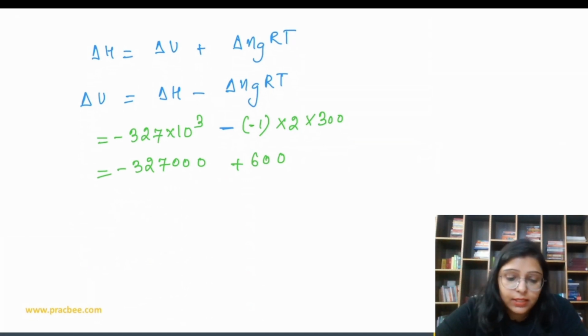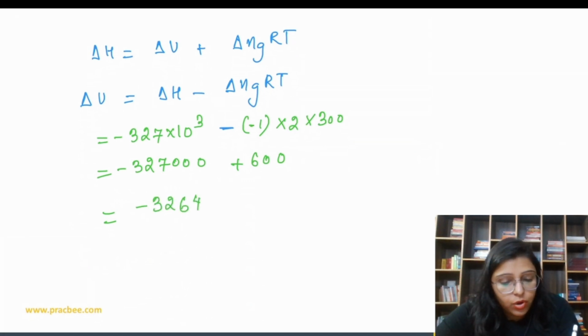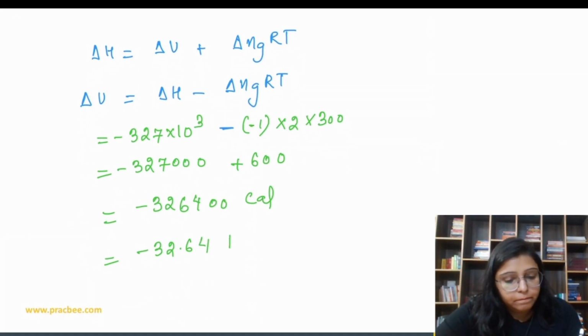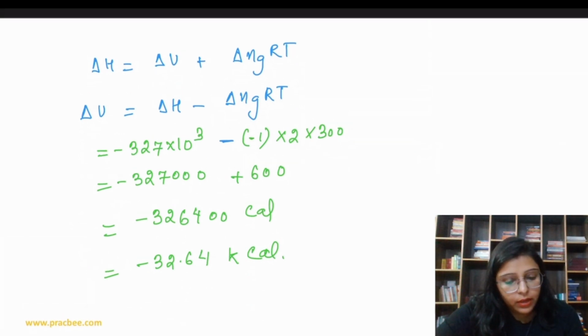So we get minus 326400 calorie, or we can say minus 326.4 kilo calorie.